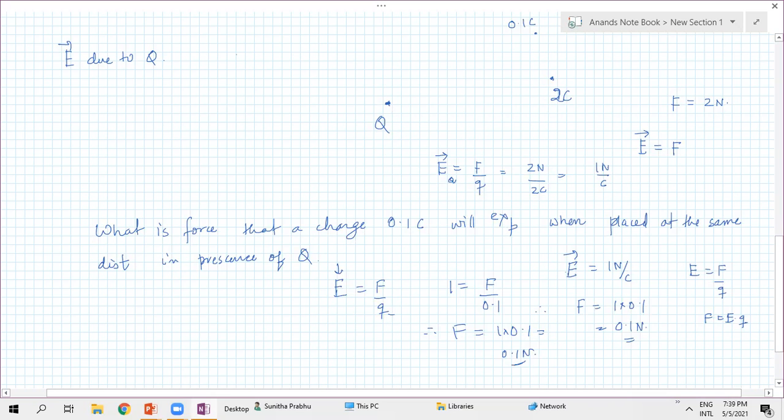So in case 1, we have calculated E given F. In case 2, we have been able to calculate F given E. Did you follow this, guys?